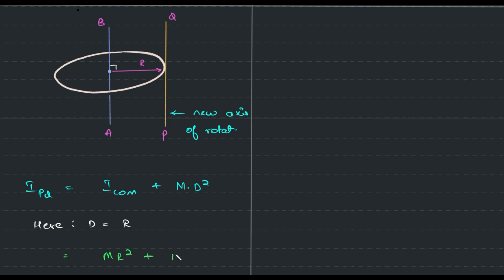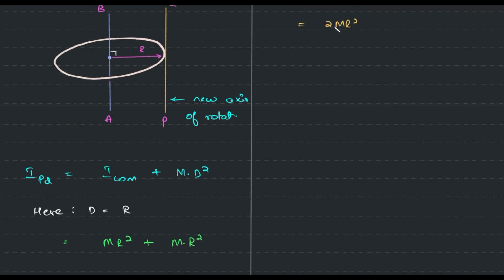Obviously, this has to increase into m into r square. So this is nothing but a simple, straightforward 2mr square. It has to increase, and it is doubled actually.